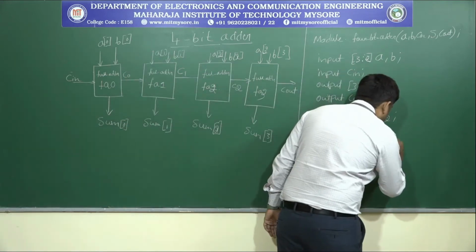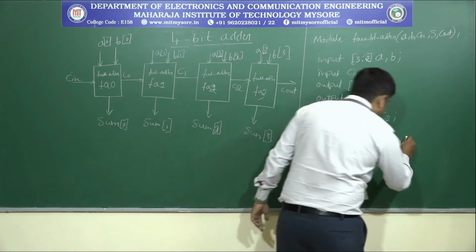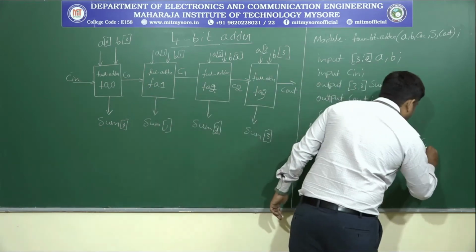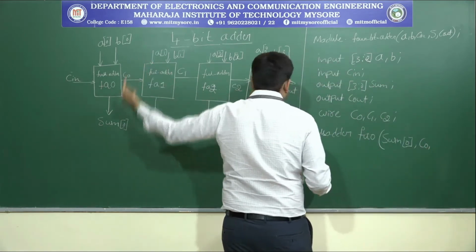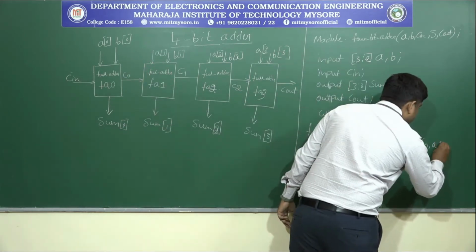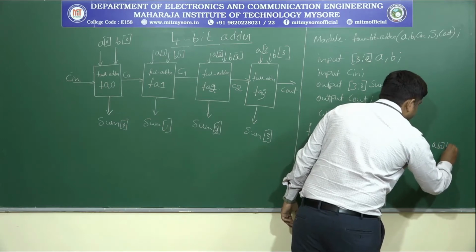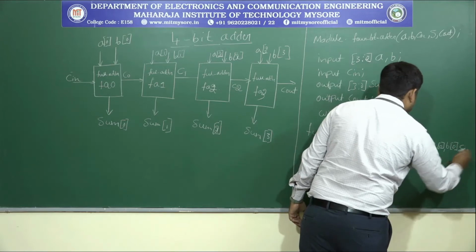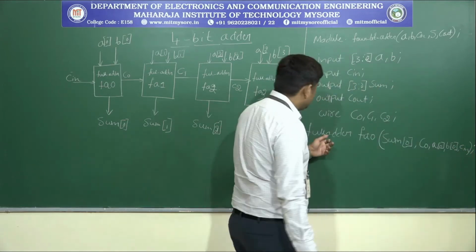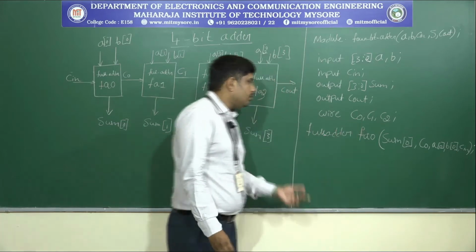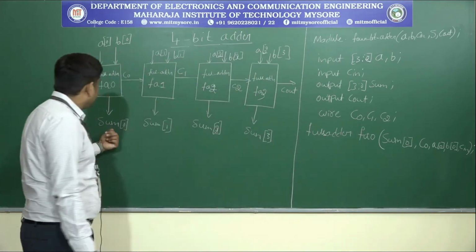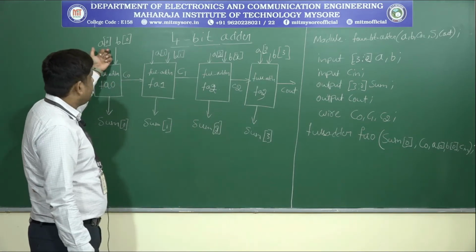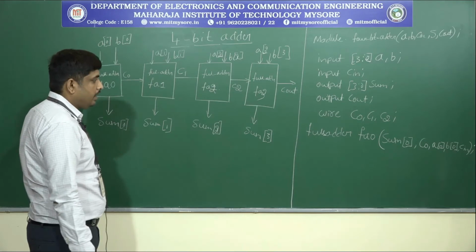So first we write sum of 0, C0, then A of 0, B of 0 and Cin. So this is the first full adder, the FA0 instantiation: sum 0 and C0 are the outputs, then A0, B0 and Cin are the inputs.